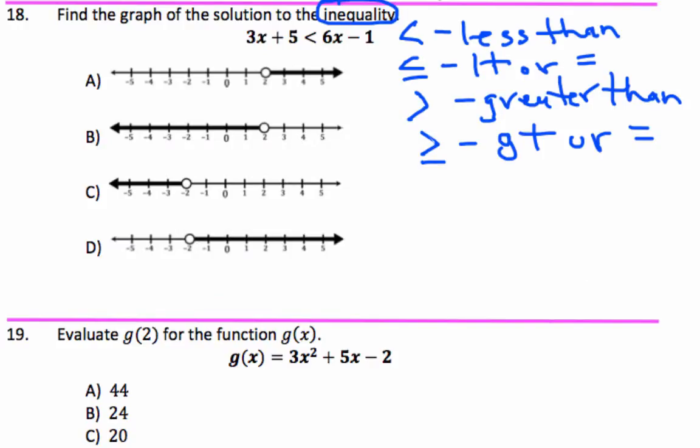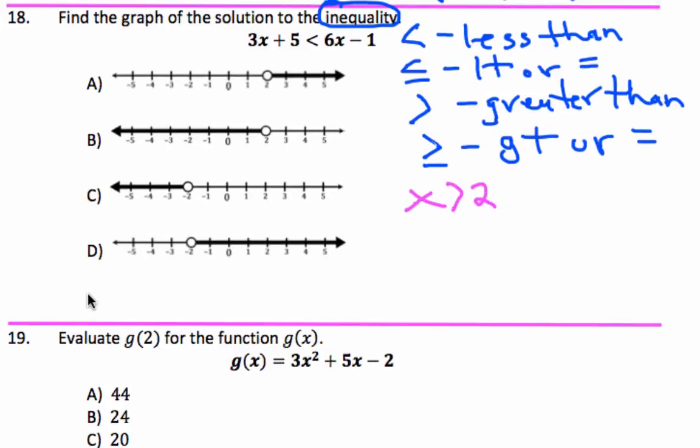Now we just showed that the solution to this problem is x is greater than 2. Now we're ready to graph the solution x is greater than 2. So we draw a real number line, and we'll leave a little empty space here where 2 is located, and we continue.